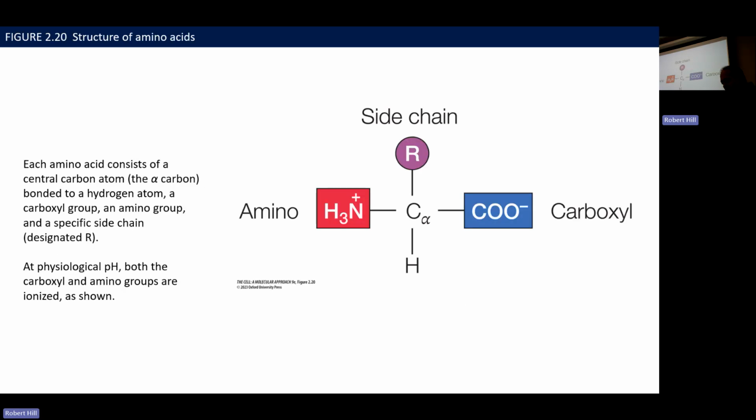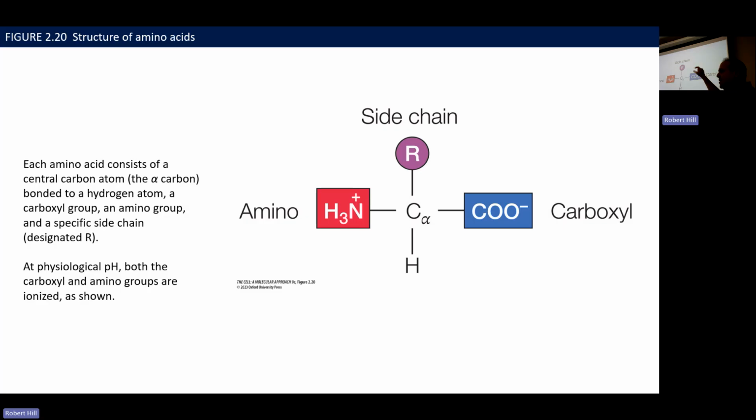All right, so here's a generic figure of an amino acid. Amino acids have a central carbon, with a little hydrogen sticking off to make 4 bonds. But it has a COO negative or carboxyl group, an example of a functional group, on one side. We call this side the C terminus of the amino acid.